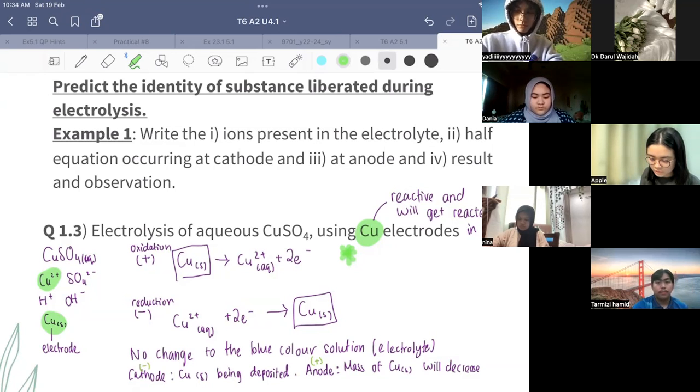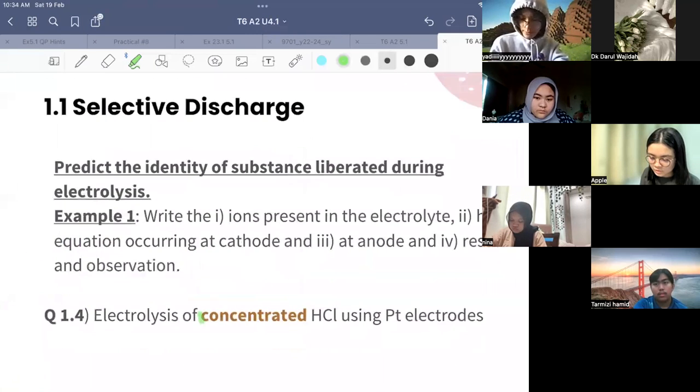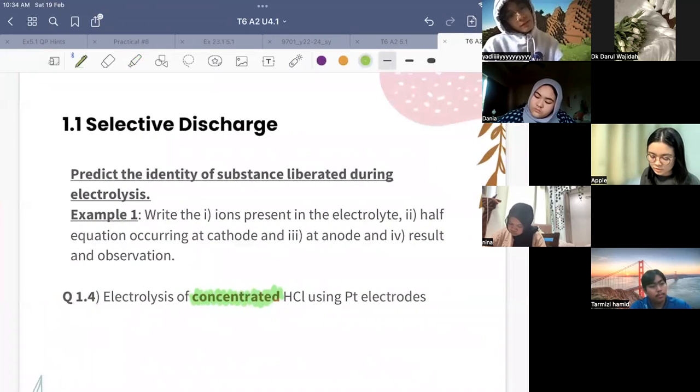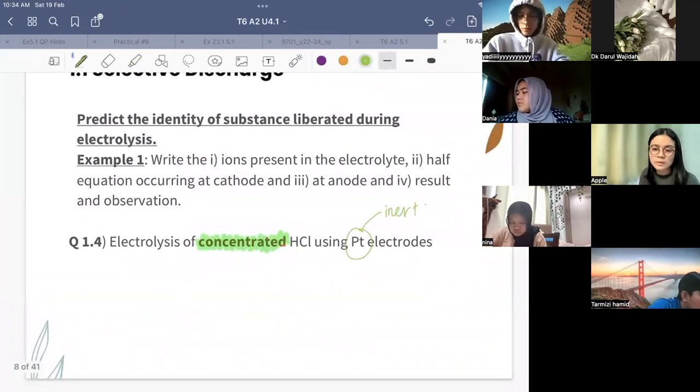So next is 1.4, the last one, electrolysis of concentrated HCl. The keyword that you need to highlight there is concentrated. So please make sure you highlight that. Using platinum electrode, so you don't have to worry because that's inert. It will not affect your selectivity.